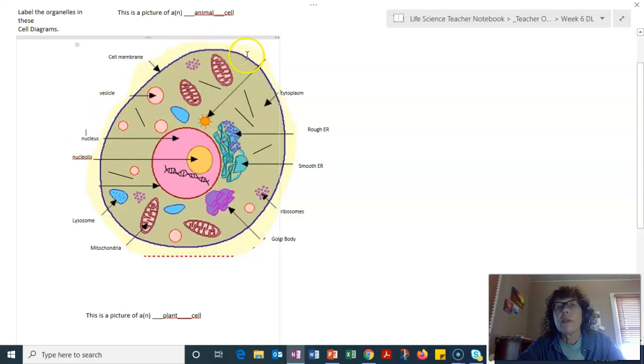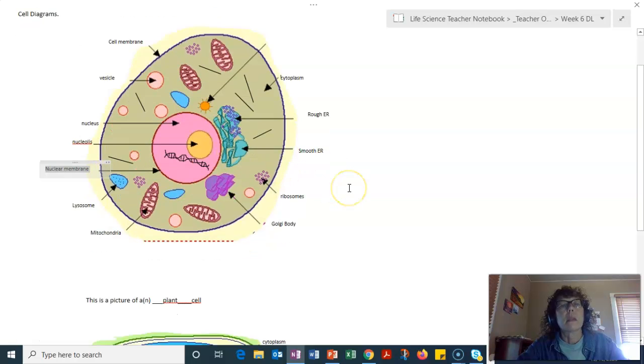The barrier around the outside of the cell is called a cell membrane, and the barrier around the nucleus is called the nuclear membrane. So out here, I'm going to type nuclear, N-U-C-L-E-A-R, space membrane. And that's this label, or this arrow over here, coming from the edge of the nucleus.